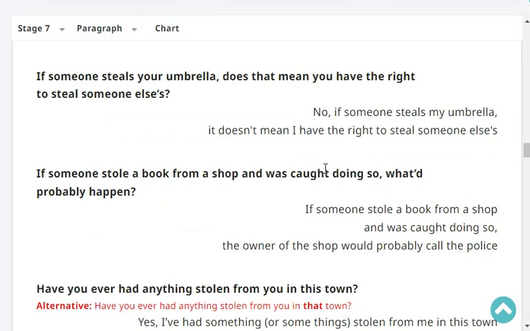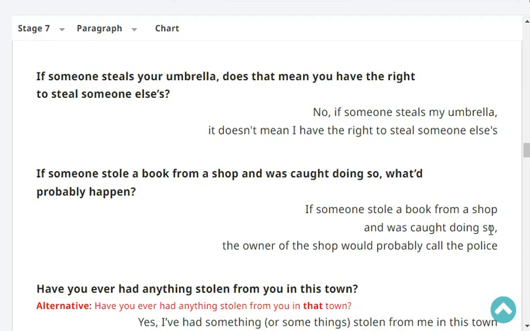No. If someone steals my umbrella, it doesn't mean I have the right to steal someone else's.